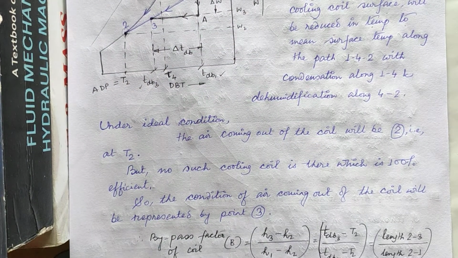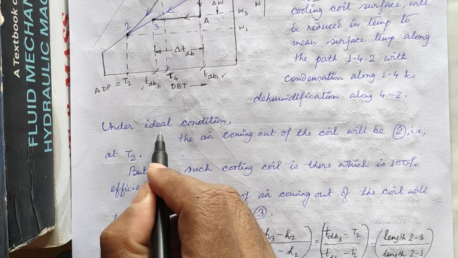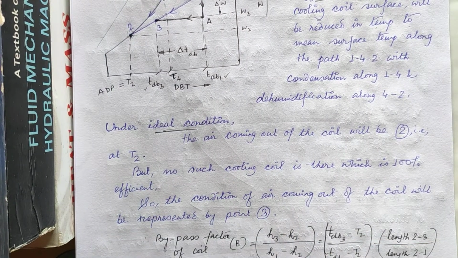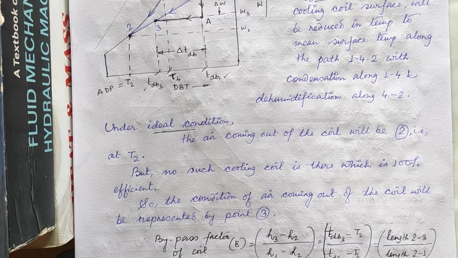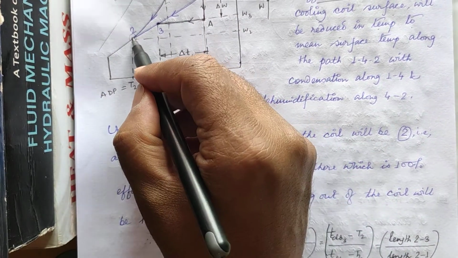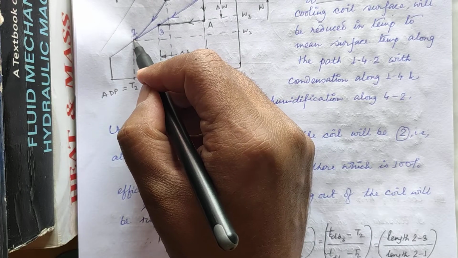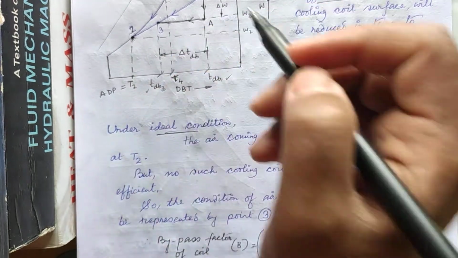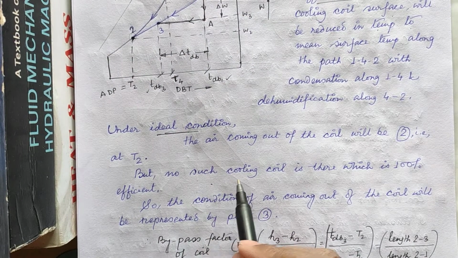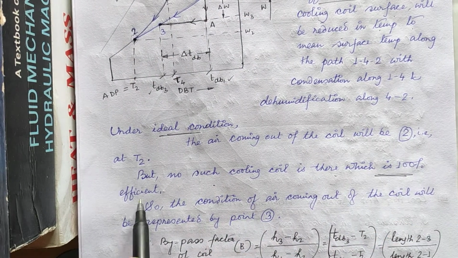Now, if we consider the ideal condition, what will happen? In the ideal condition, that means if the coil is a 100% efficient coil, then the condition of the air that will come out of the coil will be at point 2. So T3 will be equal to T2. But no such cooling coil is available which is 100% efficient.